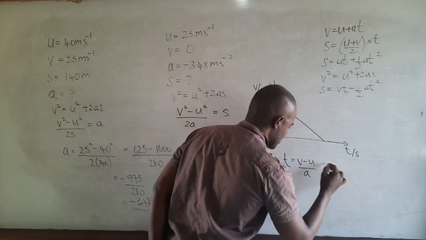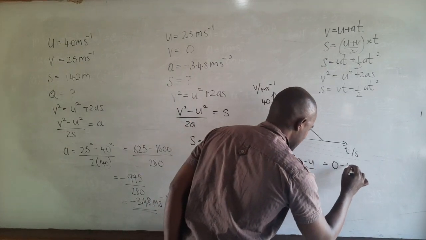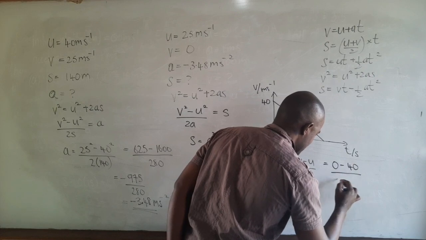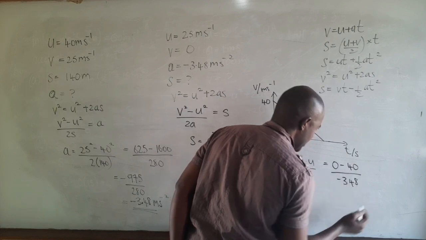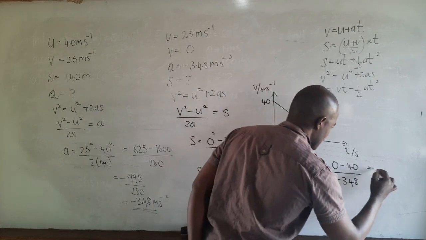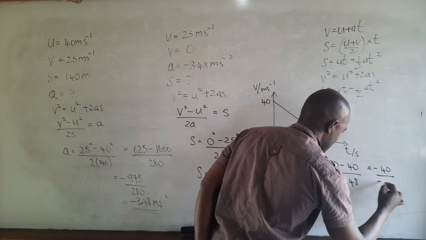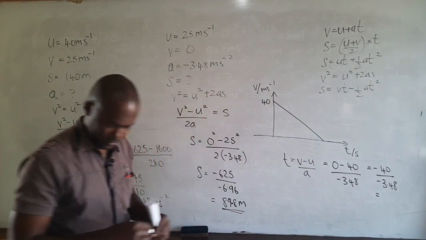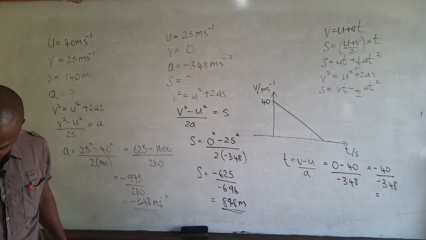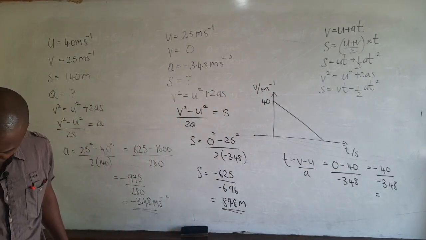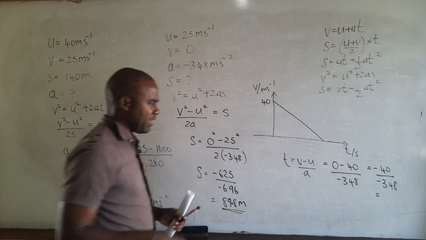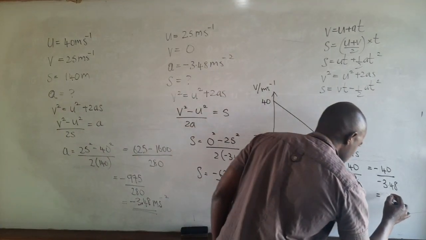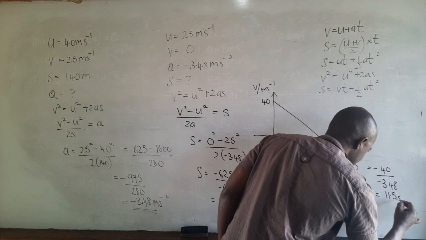And this gives us 0 minus 40 divided by minus 3.48. So this is equal to minus 40 divided by minus 3.48. And this gives us approximately 11.5 seconds. So 11.5 seconds.